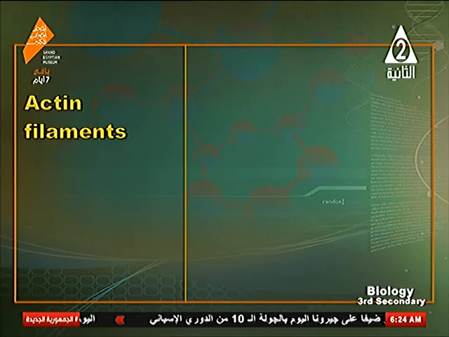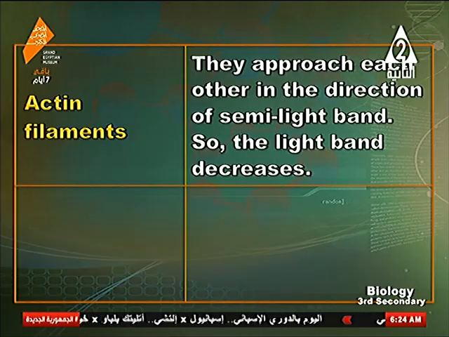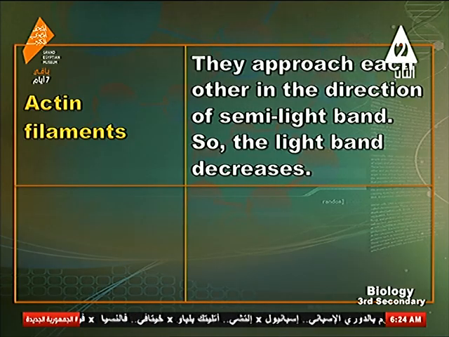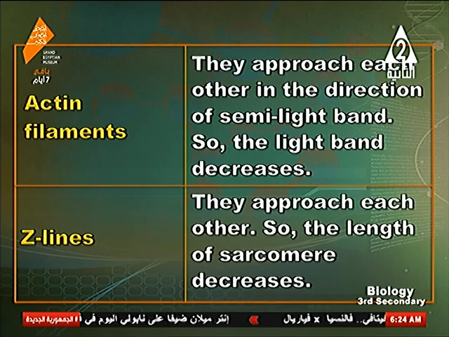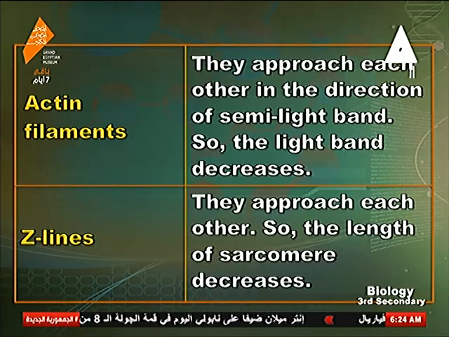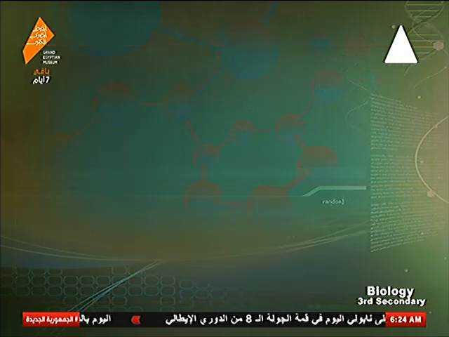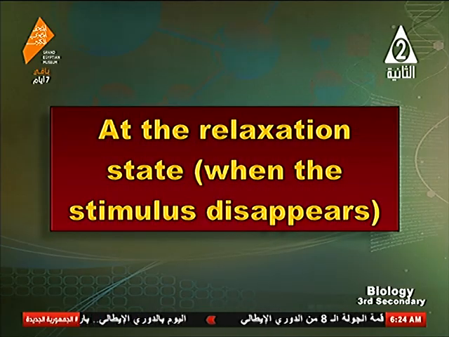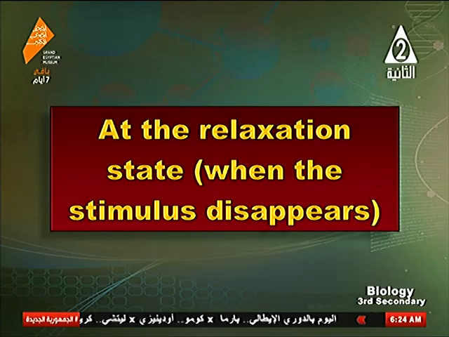Actin filaments approach each other in the direction of the semi-light band H, so the light band decreases. The Z lines approach each other, so the length of the sarcomere decreases.